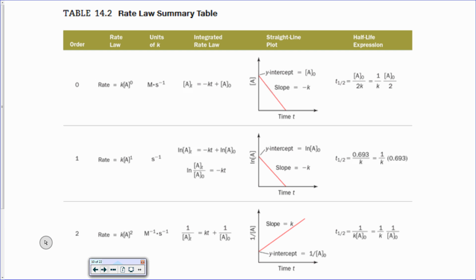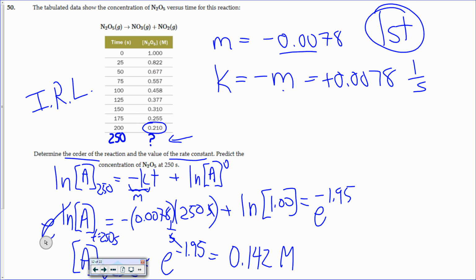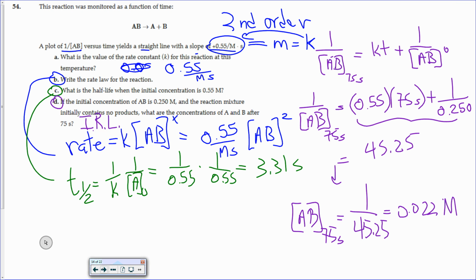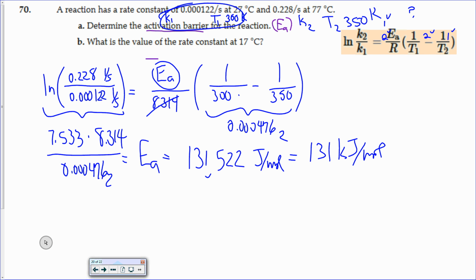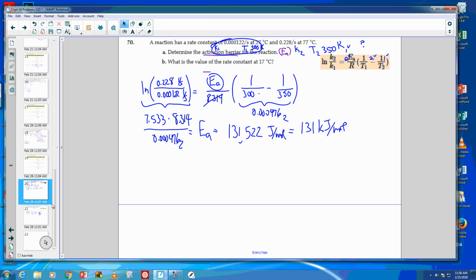Okay, all right, so let's look at another one. What did we do here? Okay, better go clear the... Thought I had saved those.